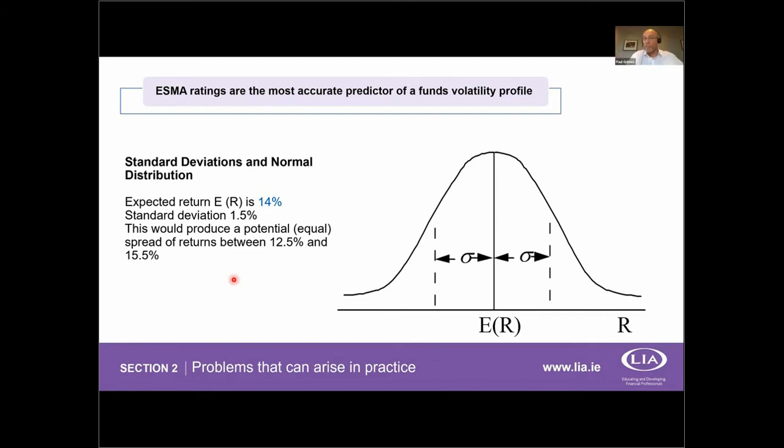So there's a broad sequence of returns there, and similarly out here. And so the bell curve becomes a very flat bell curve, whereas this one here, because it's a low standard deviation number, implies that most of the returns fit within this very narrow bandwidth, and so you get a high number of them in the range between 12.5 and 15.5. So that's the use of standard deviation in theory.